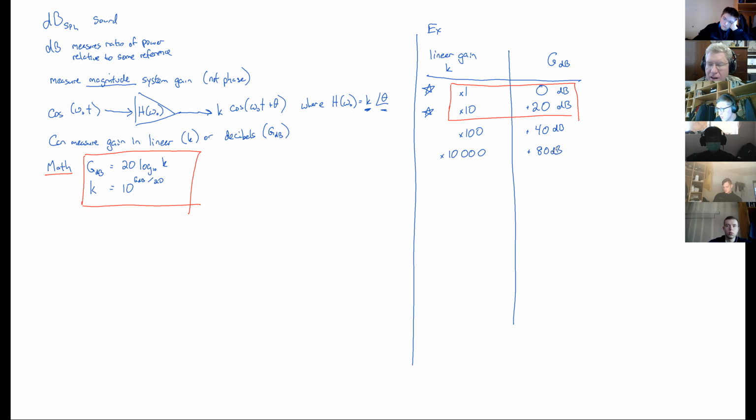The way to think about it, you can put it in your calculator or do the math, is that every times 10 adds 20 dB. So all we did is go up by 2 factors of 10, so we go up by 2 factors of 20. Okay. The next one is, what would happen if we multiplied by 0.1? What do you think about that?